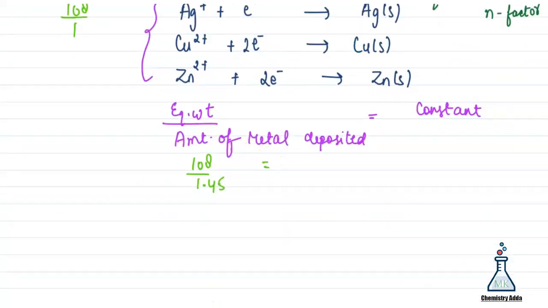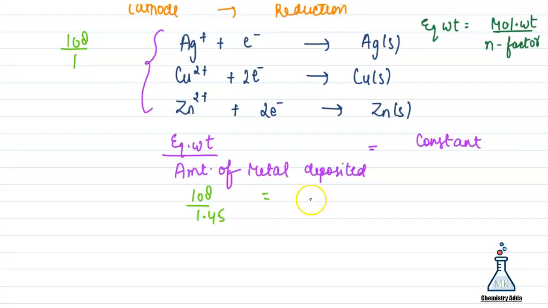First we can find for copper. Let us assume that the amount of copper deposited is X copper, we refer to it as X Cu. Copper's molecular weight, as we all know, is 63.5, and its n factor from the reaction is 2. So we can write this as 63.5 upon 2.